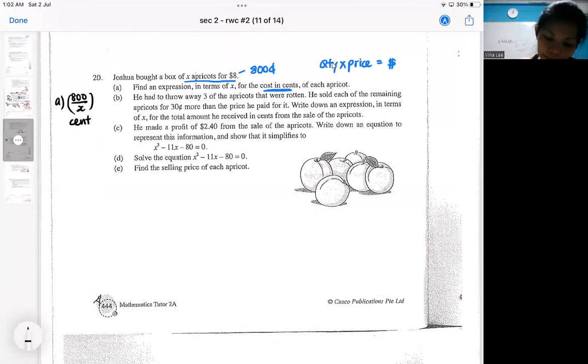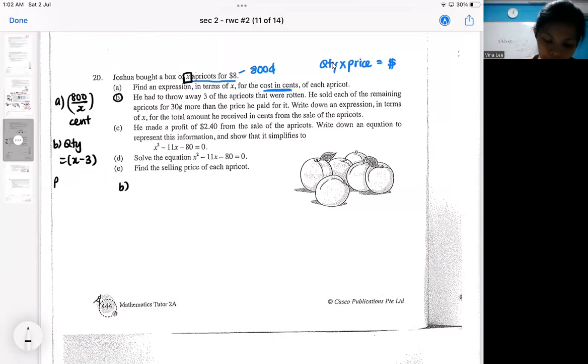Right now, part B, he's going to throw away 3 apricots because they are rotten. So the quantity that he can sell, instead of X apricots, is X minus 3 because he threw away 3.